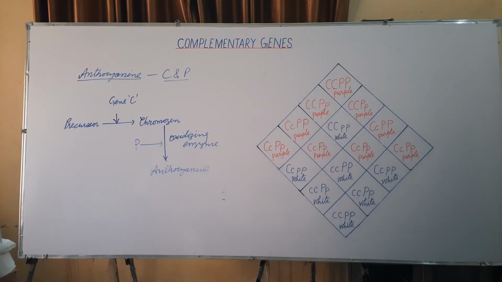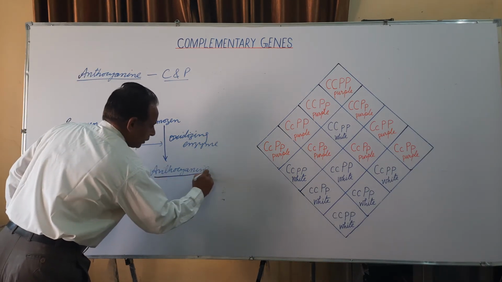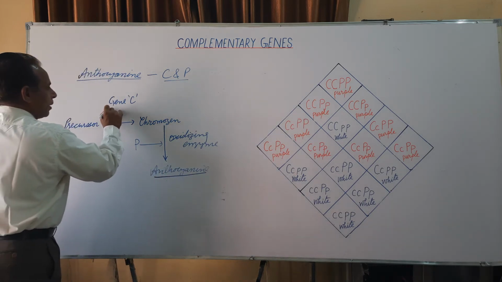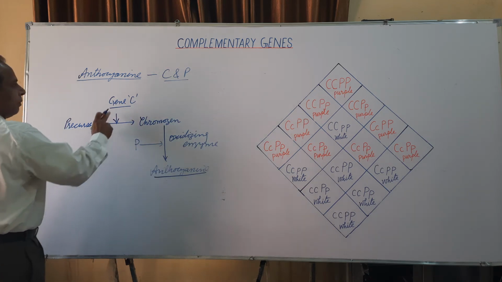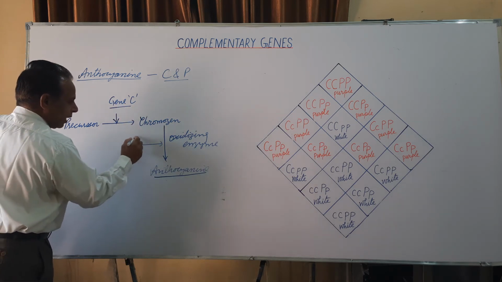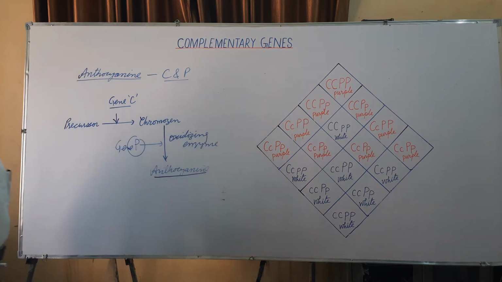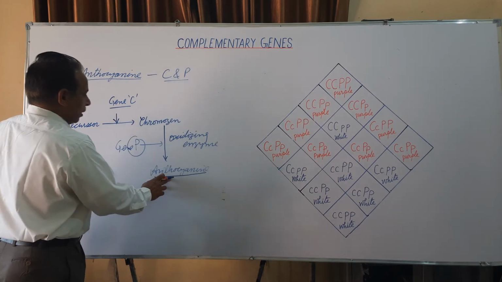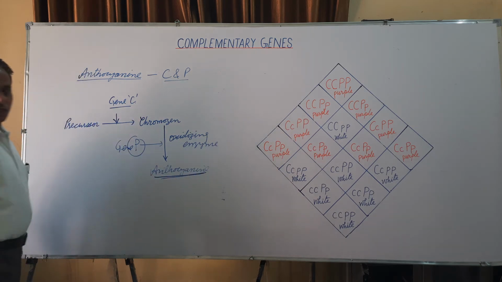It means the synthesis of the anthocyanin requires the C and the P dominant genes, meaning the gene C complements the action of the gene P in synthesizing the anthocyanin. As a result, the color of the grain becomes purple. When either of the C or P is absent, this anthocyanin is not synthesized.